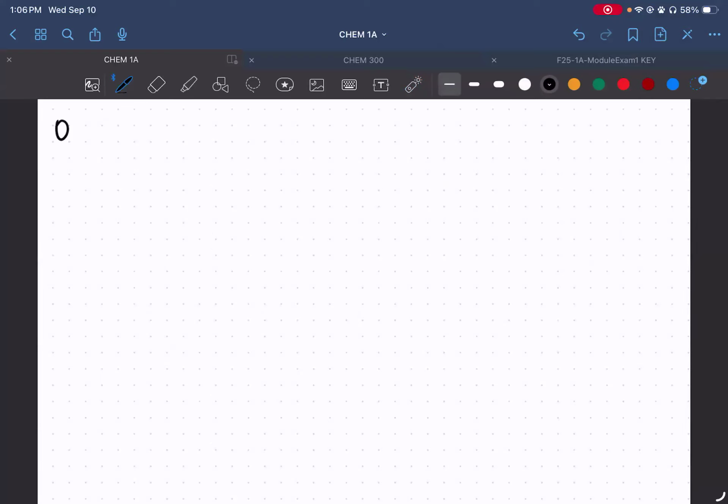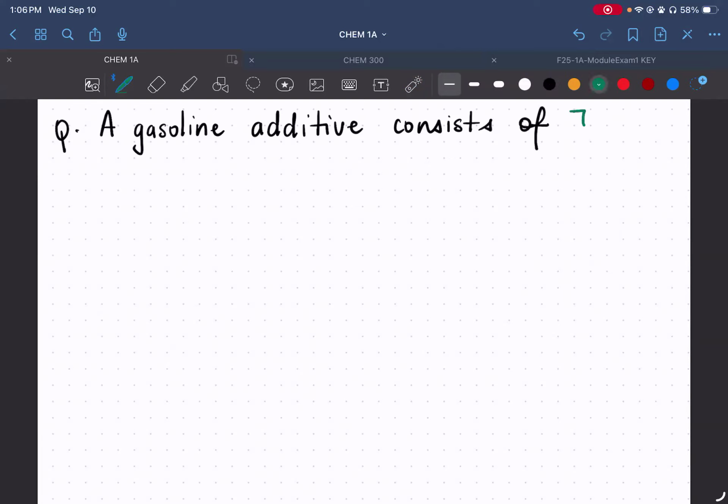Same type of question, but just a different set of numbers and molecules. The question says a gasoline additive consists of the following: 72% chlorine, 23% carbon, and 5% hydrogen.